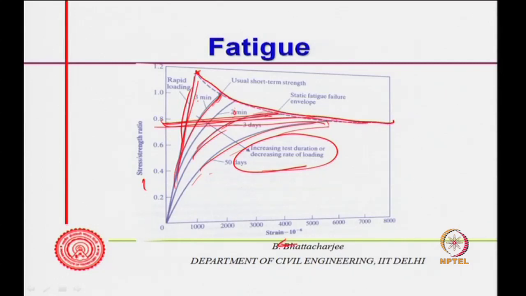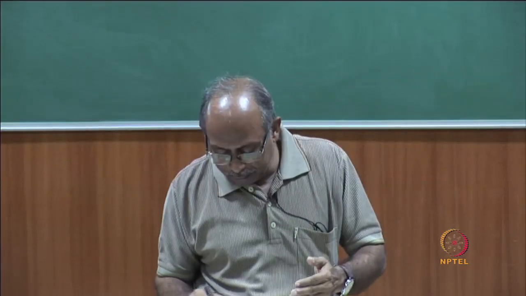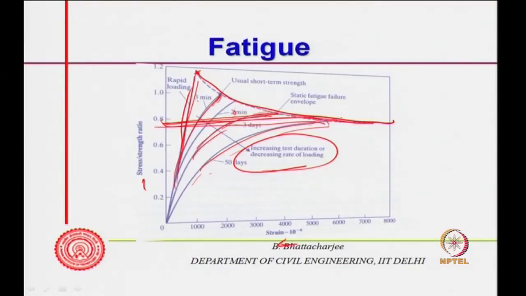You can call it a static fatigue failure envelope, because this is related to micro cracking or creep behavior and so on. So, if you load it quickly, it fails at a higher load. If you take it for a longer period of time, it will actually fail after a certain period of time, because it is sustained for 50 days. So, it will actually fail.